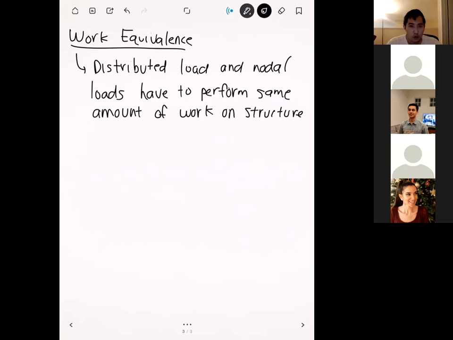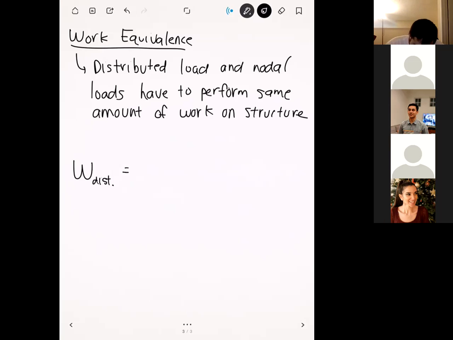And so how do we compute work from a load like this? We're going to have basically two formulas here. Let's first compute the work that's done by the distributed load. I'm going to call this W distributed, or W dist. The way that we compute work, if you think back to your first physics class, is by multiplying a force over a distance.